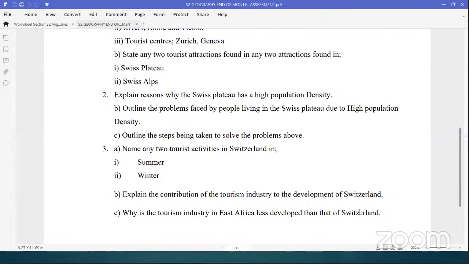Yes. Irene? We are just summarizing. They have a better transport system than Uganda. Wonderful. Better transport system by road, by air, and by rail. Better than Uganda.